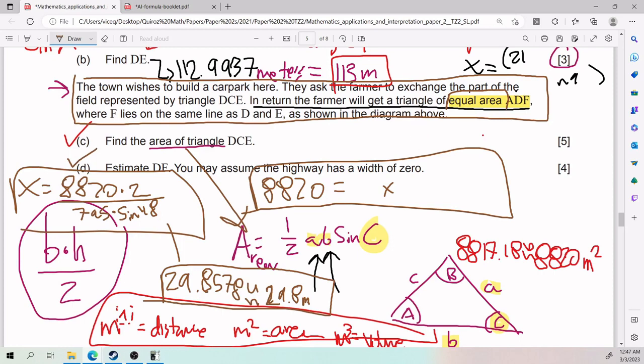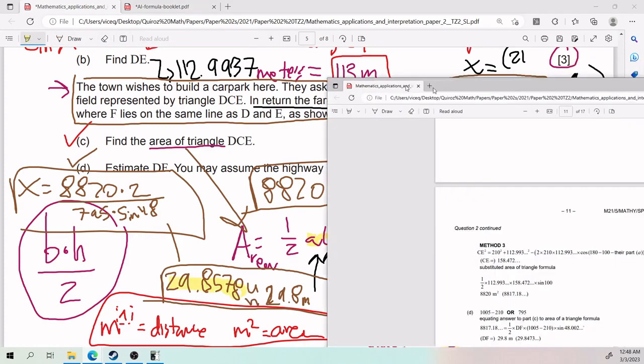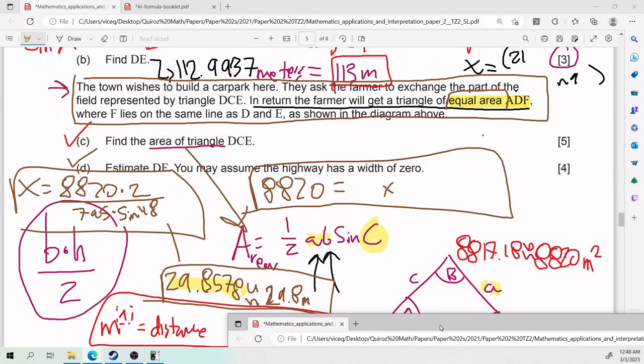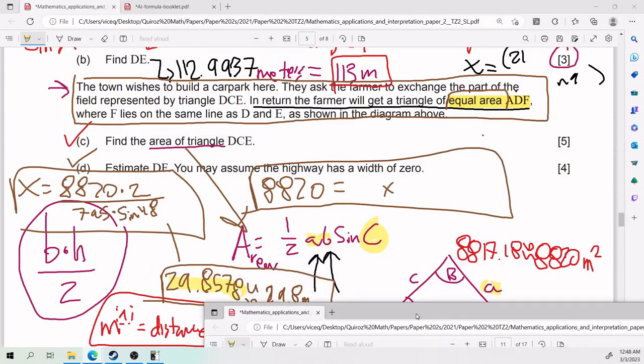Some of you, if you're doing it along with me on the side, might have gotten a different number for this guy here. See? Or you might even notice that the answer key has it different. The answer key has it on 29.8473, and we have 29.85. So there's a slight difference there.